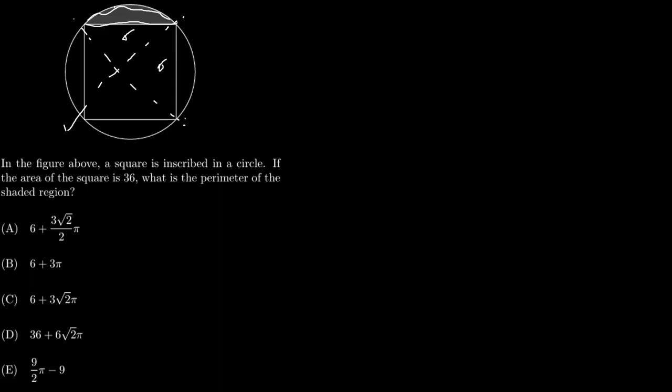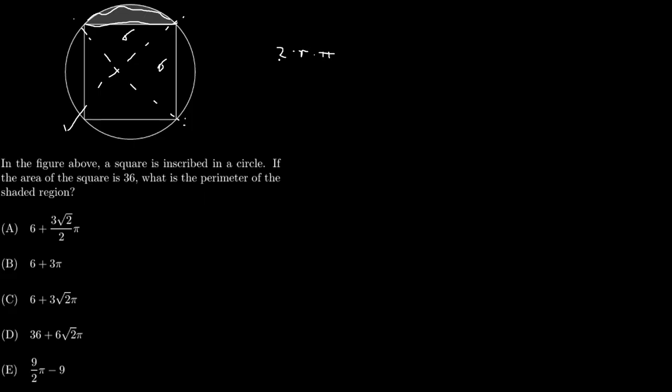So this segment up here would be a fourth of the perimeter of the circle. Okay, how can we calculate that? Well, the circumference of the circle would be 2 times the radius times pi.